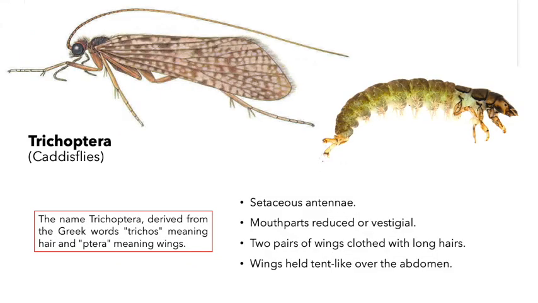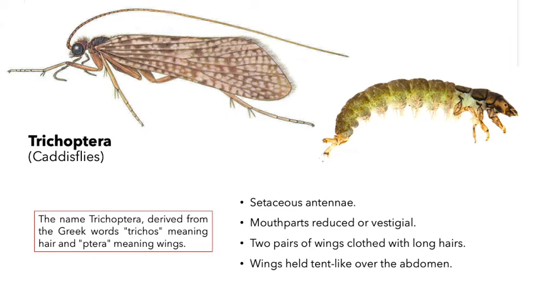The next order is Trichoptera, and an example is caddisflies. The name Trichoptera is derived from the Greek word trichos, meaning hair, and ptera means wings. It refers to the long silky hairs that cover most of the body and wings.